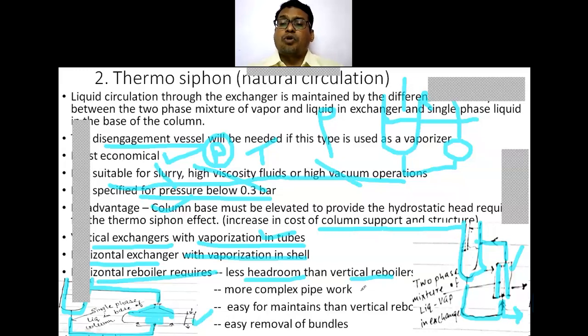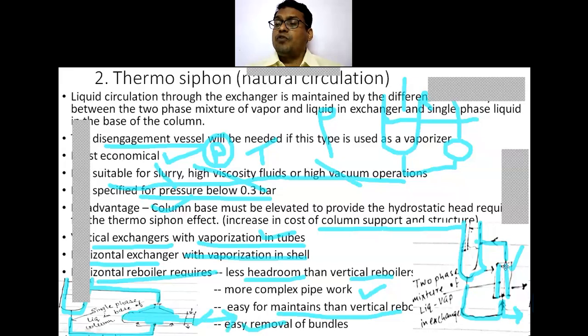Then more complex pipeline, then easy for maintenance than your vertical reboilers. It is easy to maintain. Then easily removable bundle here. Whatever the heat exchanger that is there, that bundle can be removed easily.